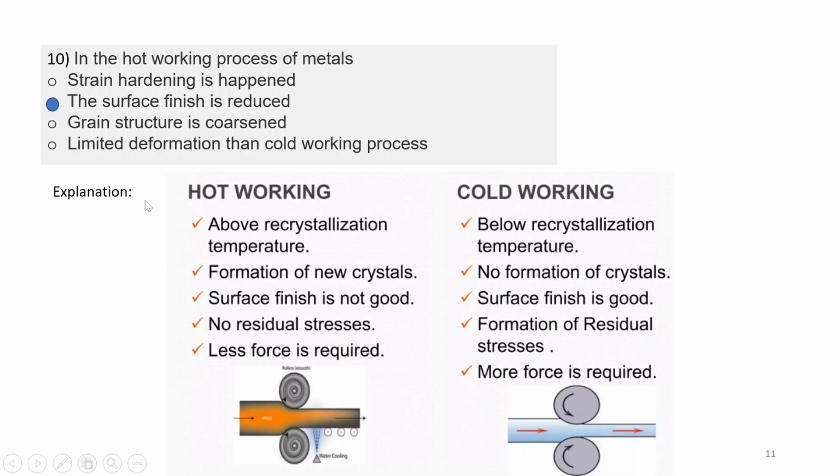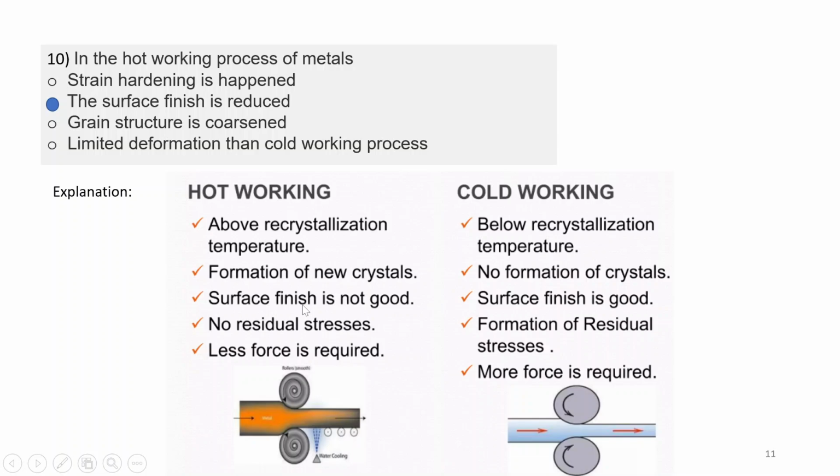For example, in hot working, your material is above recrystallization temperature, and in case of cold working, it's below recrystallization temperature. In hot working, you have formation of new crystals. In cold working, there is no formation of crystals, so it is deformed grains, elongated grains.